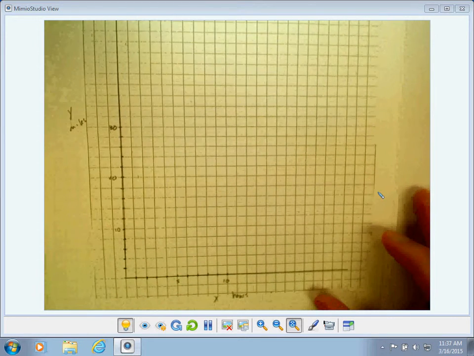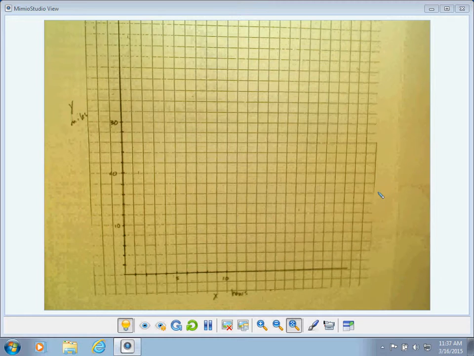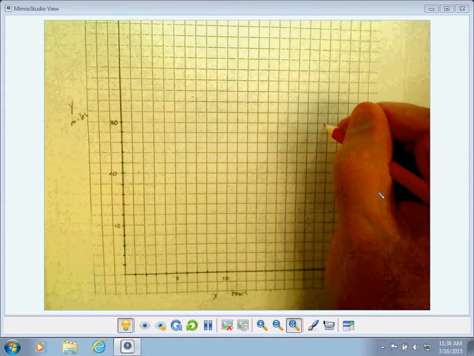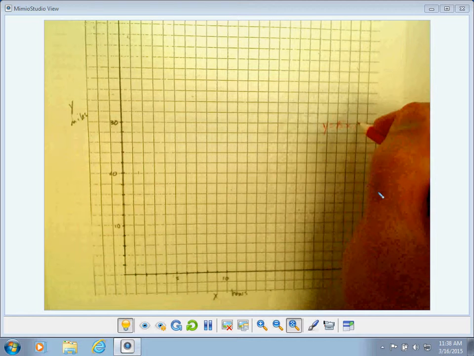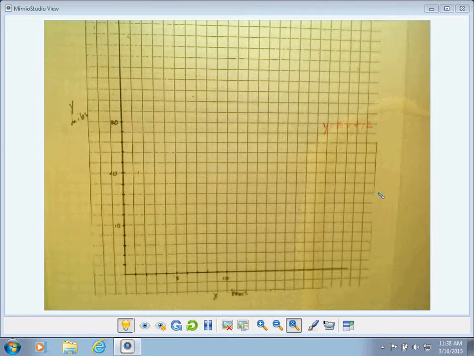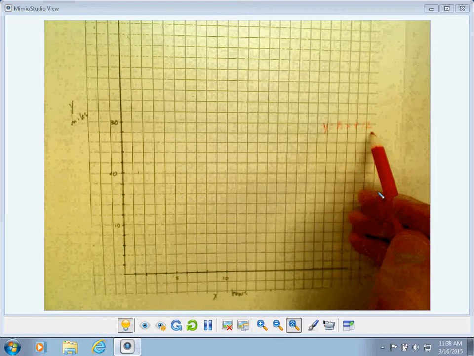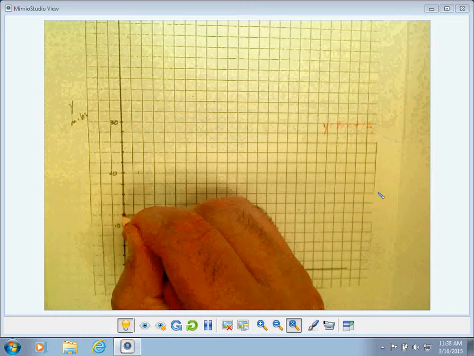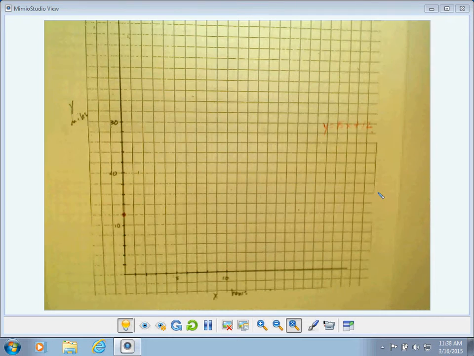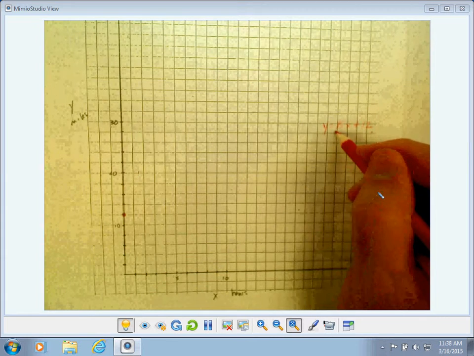I'm going to put Lisa's equation in red. y equals 15x plus 12. I'm going to put that on the graph. The plus 12 part is the y-intercept. That means the graph should start at 12, which is right here. And then I need to go for a slope of 15, which is 15 over 1.